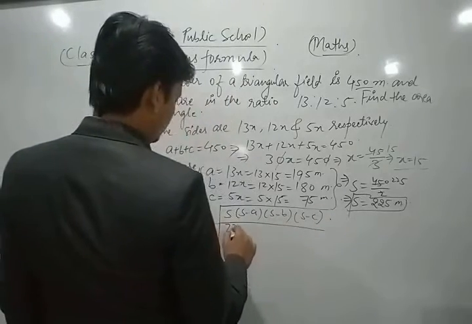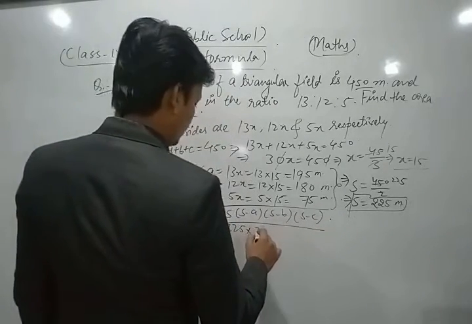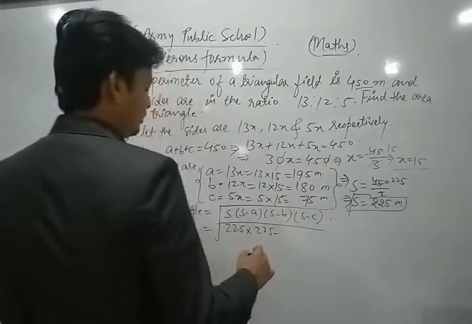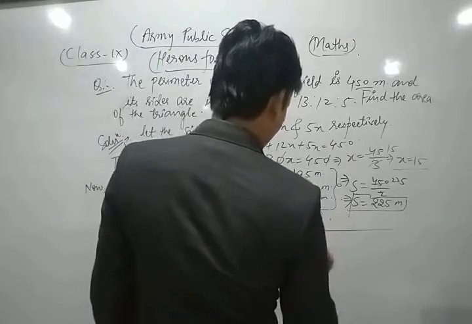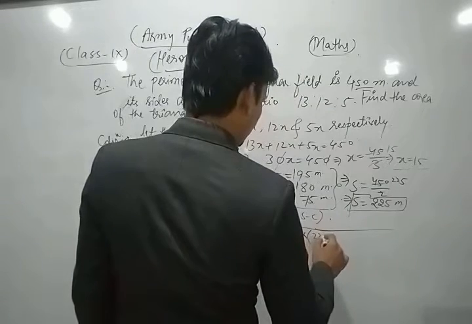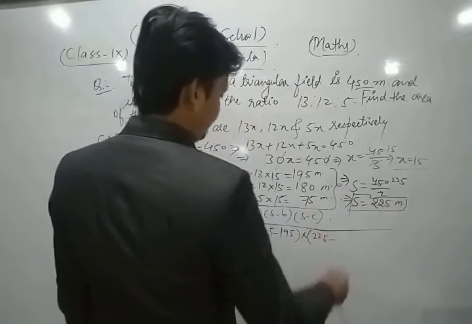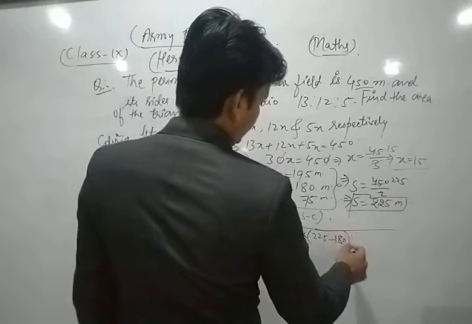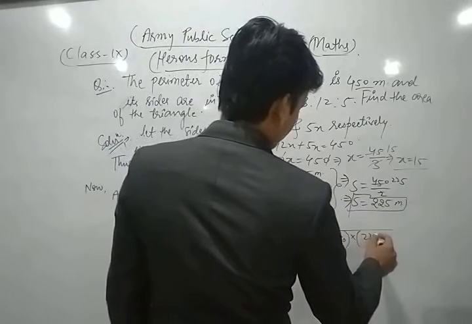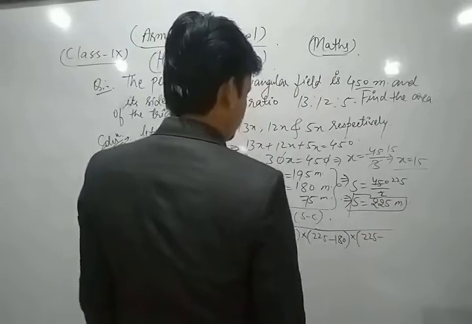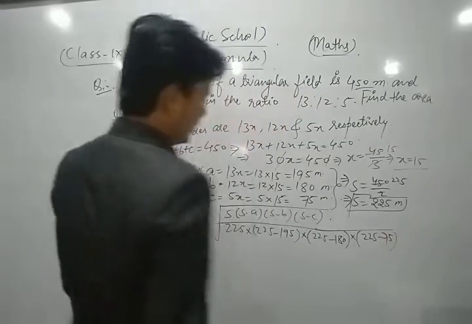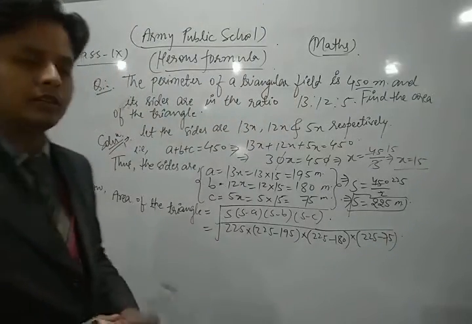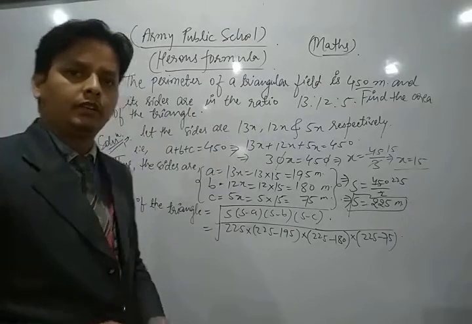S is 225, into 225 minus a, that is 195, into 225 minus b, that is 180, into 225 minus 75.